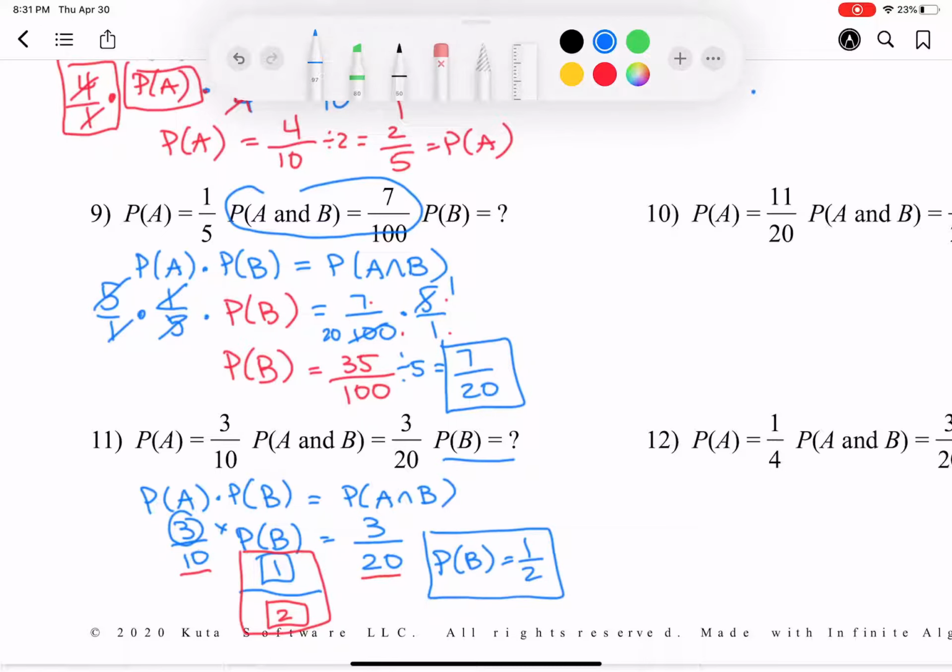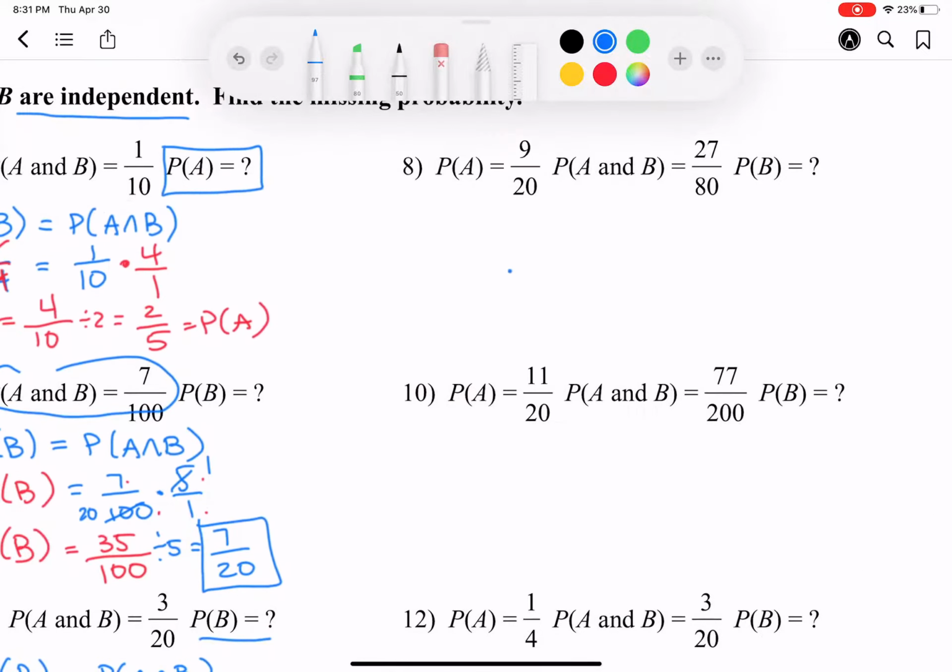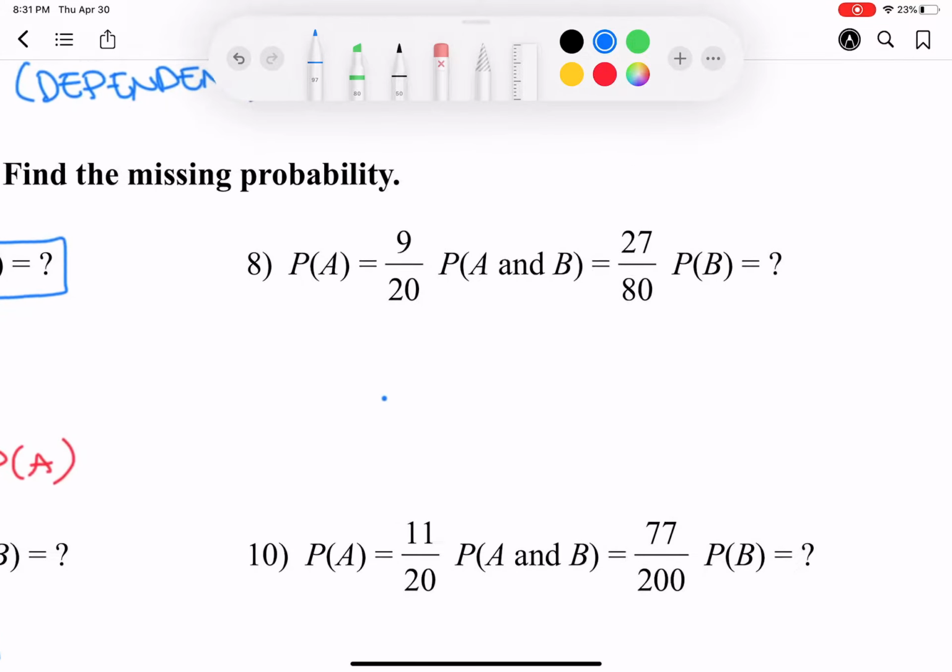You could have done the reciprocal. All right, we'll do one more. This is the last one we'll do, and then you guys can work on the worksheet. These are just examples, so you don't have the same numbers. Probability of A times the probability of B is equal to the probability of A and B. So 9/20 is here.